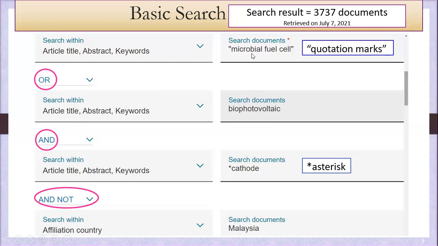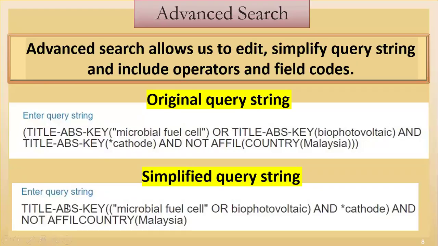So microbial fuel cell is basically a synonym of biophotovoltaic. AND NOT is used when you don't want to consider a specific country. For example, I do not want to consider data from Malaysia, so I need to use AND NOT as a basic search technique.